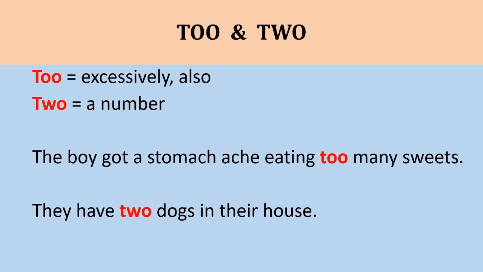TWO, that is a number. Like we had one, now we have two. The boy got a stomach ache eating too many sweets. Too many means lots. A lot of sweets. Much number. That is TOO.